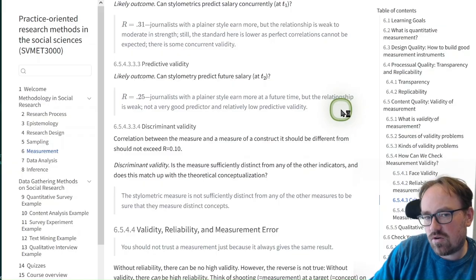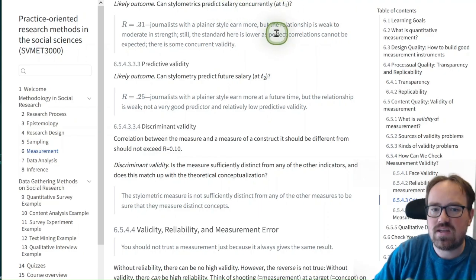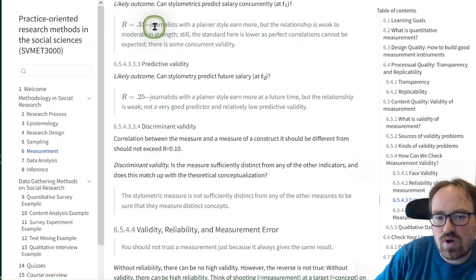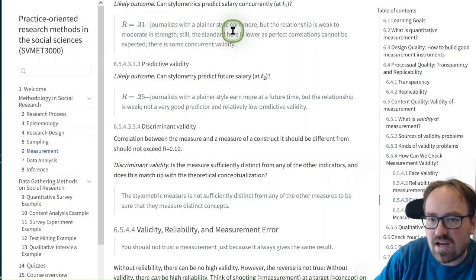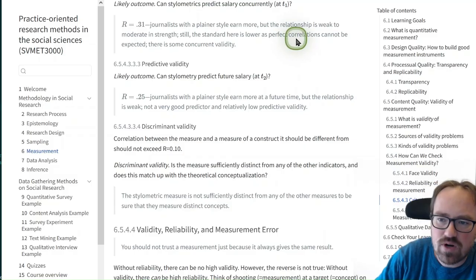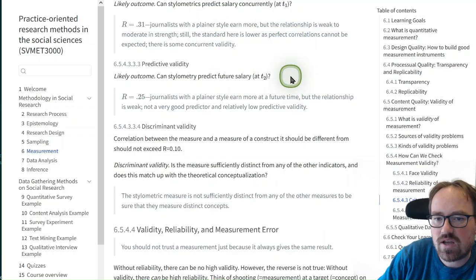And we can also view it as a likely outcome. Can stylometrics predict salary? At the same time, 0.31 is the correlation we find. Journalists with a plainer style seem to earn more, but the relationship is relatively weak, or at best moderate in strength.